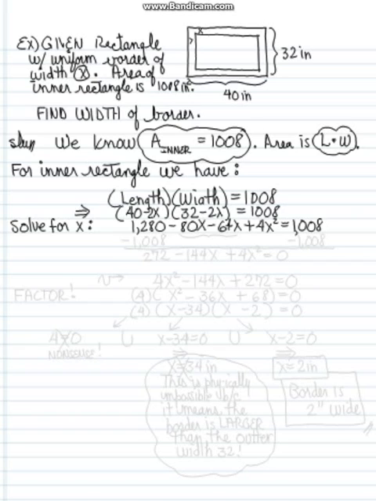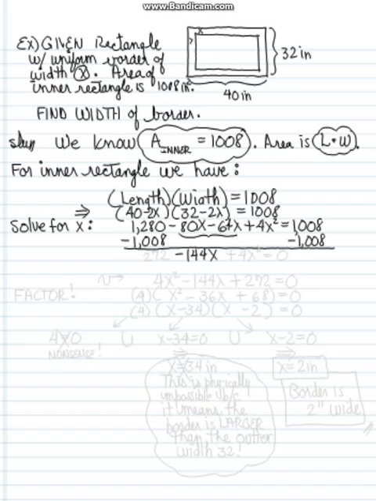Okay, so the numbers are big, but I just foiled first times first, outer times outer, inner times inner, last times last, and brought down the equal sign, brought down the right side 1,008. Okay, we have a second degree equation here. Let's move everything on one side, the other side 0. And we'll move it to the side that makes the squared term positive. That way it's easier to work with.